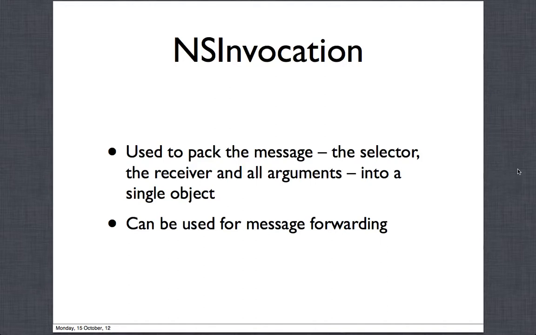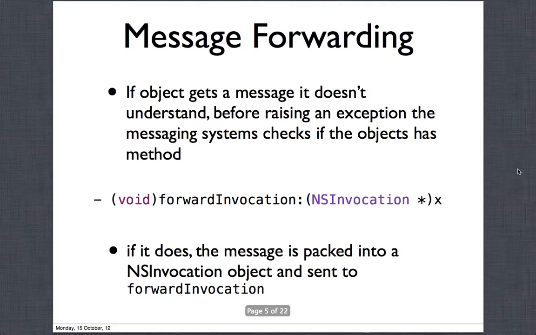In Objective-C, the idea of forwarding is just like this. If you are an object and you get a message and you don't know how to react to this message, you don't have a method of the same name, usually you want to raise an exception because you don't know what to do. This was probably a mistake. But before raising an exception, the messaging system checks if you, the object, have a method called forwardInvocation.